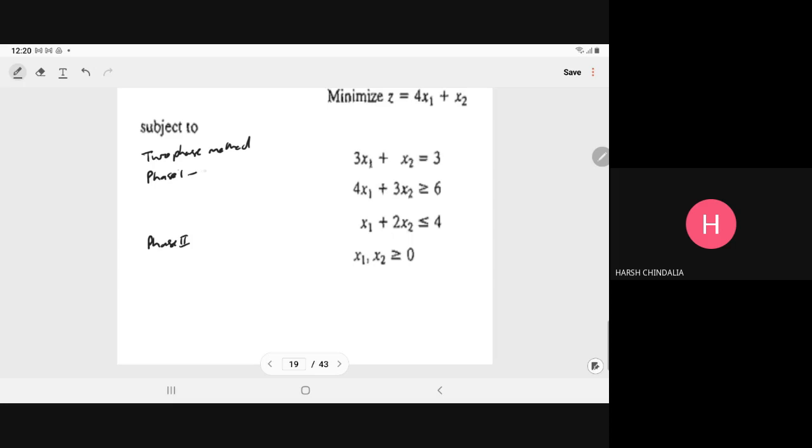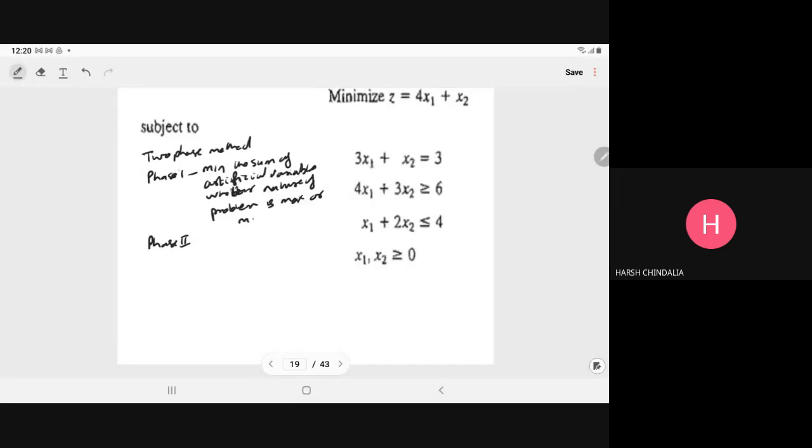In phase 1, we always minimize the sum of the artificial variables, whether the nature of the problem is maximization or minimization.